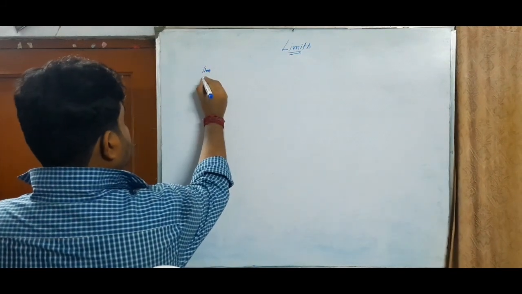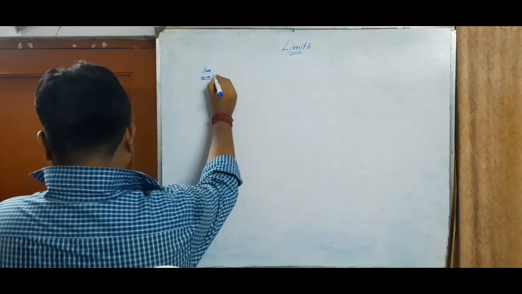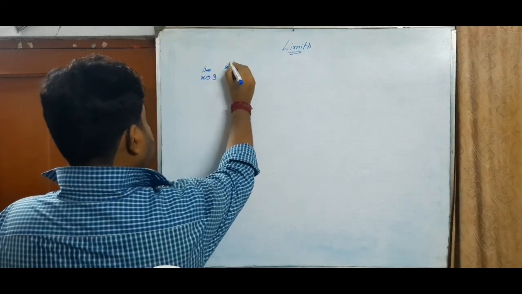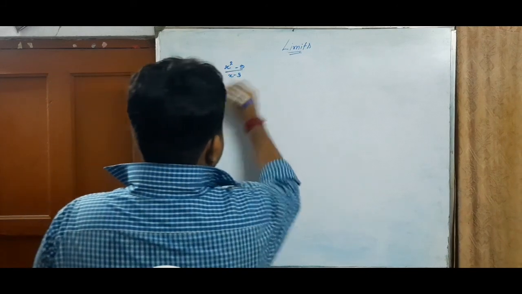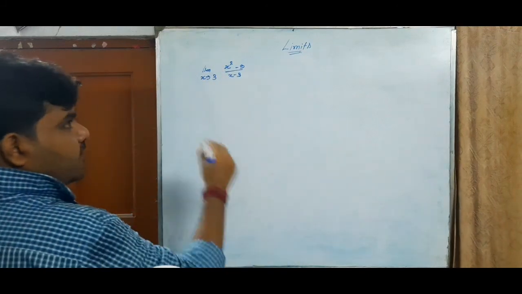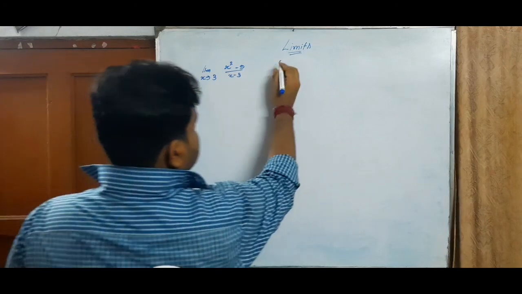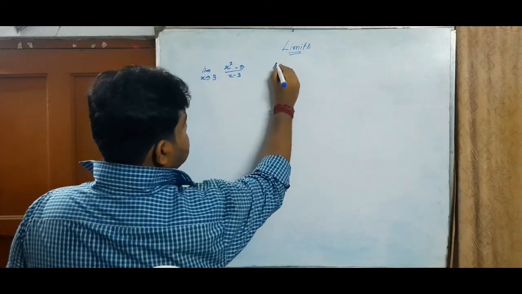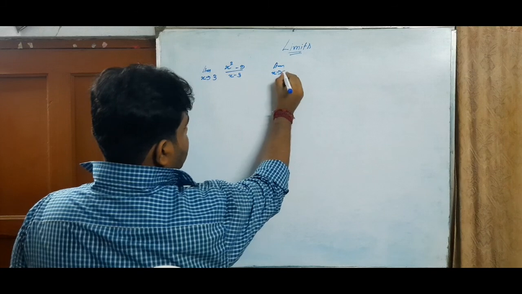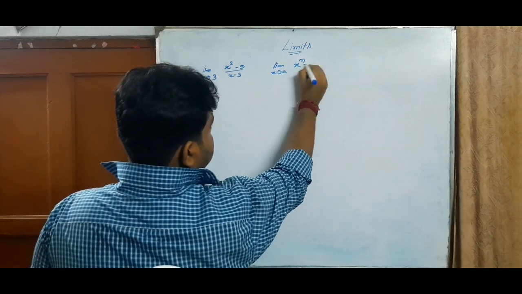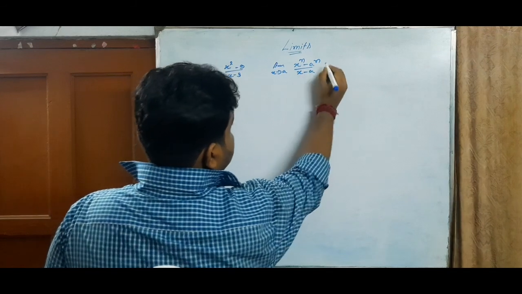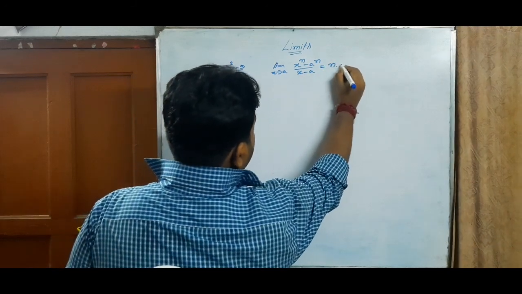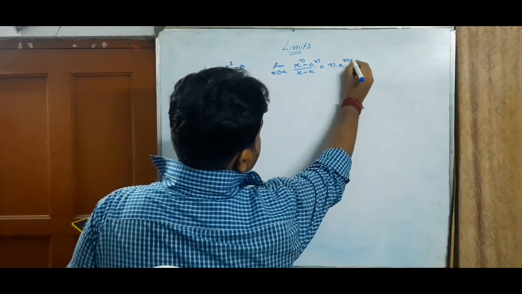Limit x tends to 3, x square minus 9 by x minus 3. Just see, just now we have known the formula, that is the rule. Limit x tends to a, x to the power n minus a to the power n by x minus a, that is n into a to the power n minus 1.